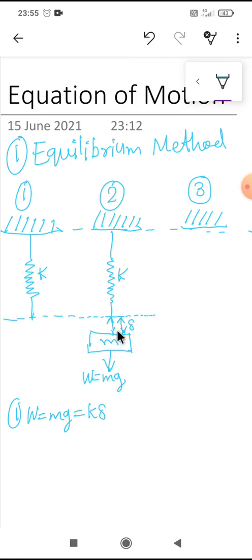So this is the equilibrium position, where the mass is resting. From this equilibrium position, the spring will move in the up and down direction.